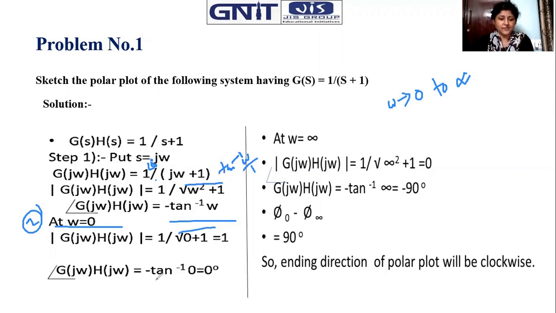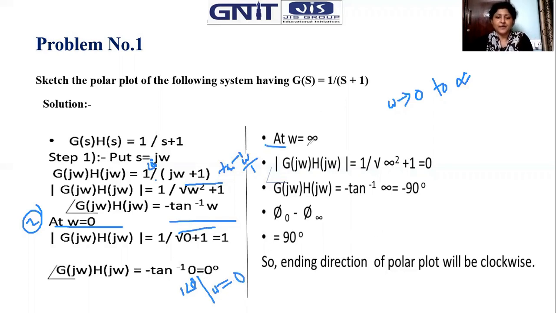Now, what is the phasor part? The phasor part is minus tan inverse of omega. If you put omega as 0, you get 0 degree. So what is the polar representation of this phasor now? At omega equals to 0, you are getting 1 at 0 degree.